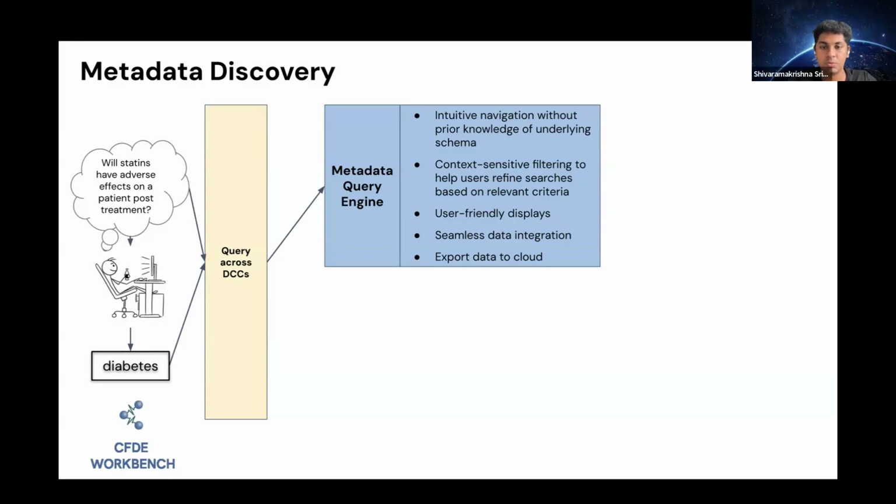And we do this through a user-friendly display and by seamlessly integrating data and also providing the ability to export data to the cloud. And there are multiple cloud service providers from which data can be downloaded. So we primarily allow the export of data through the CWIC.